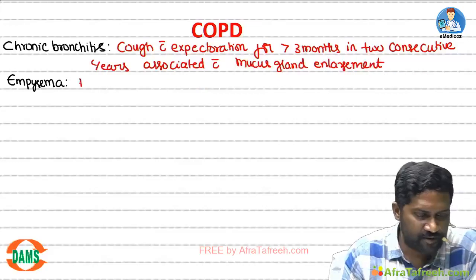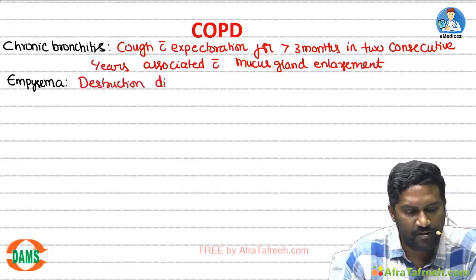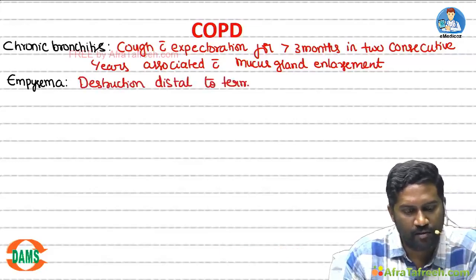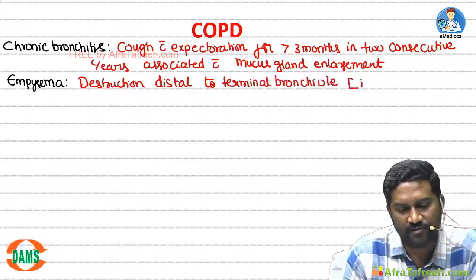whereas emphysema is destruction distal to terminal bronchiole. What is present distal to terminal bronchiole? It is acinus.